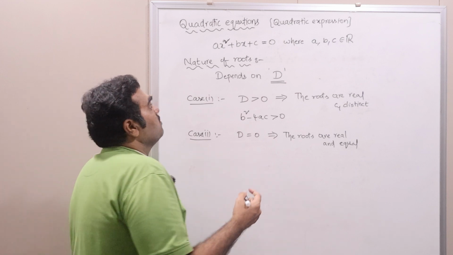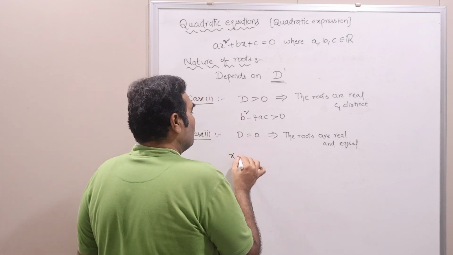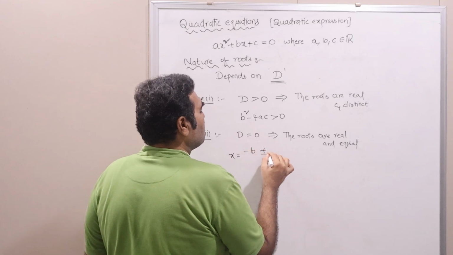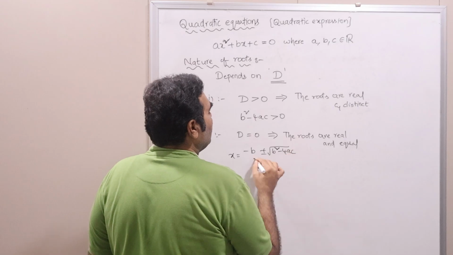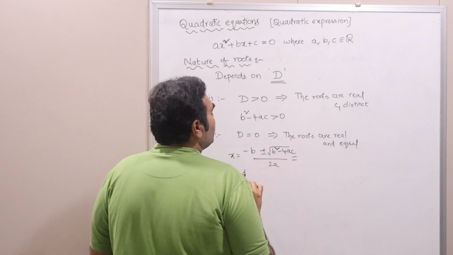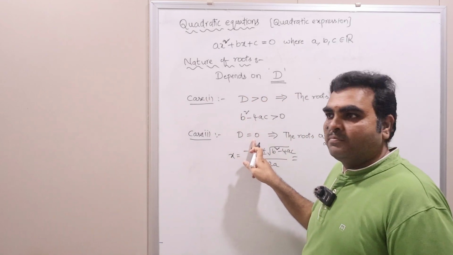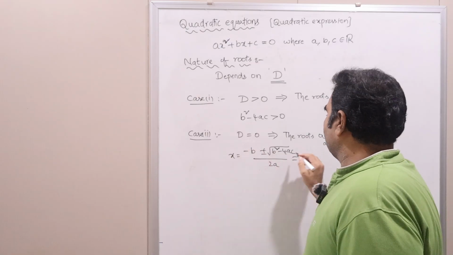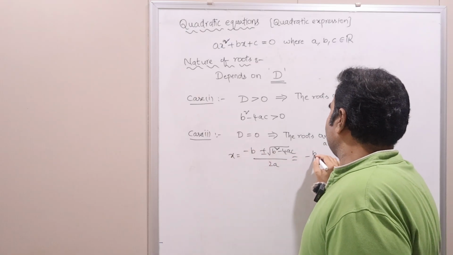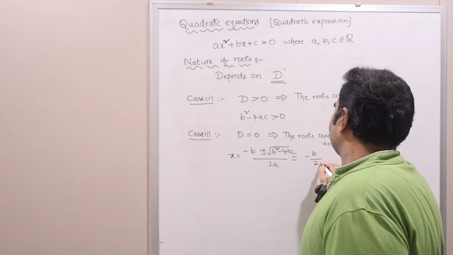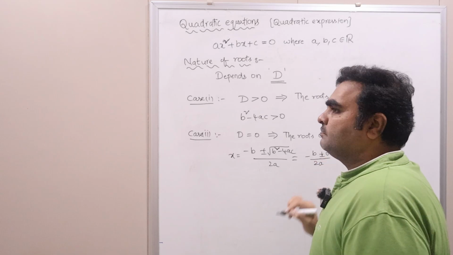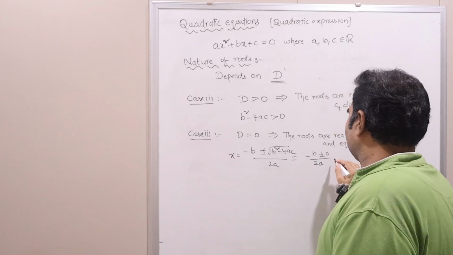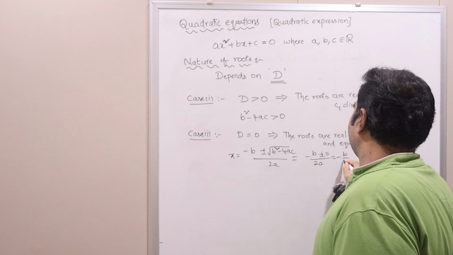Very simple to verify. X is equal to, you know that, minus b plus or minus square root of b square minus 4ac by 2a. What happens when D is equal to 0 here? When you put D is equal to 0, this expression will simply become minus b plus or minus 0 by 2a, which implies minus b by 2a.